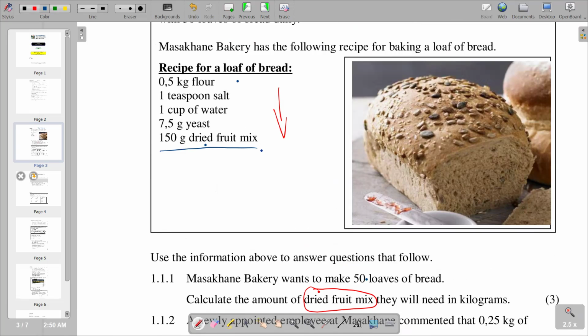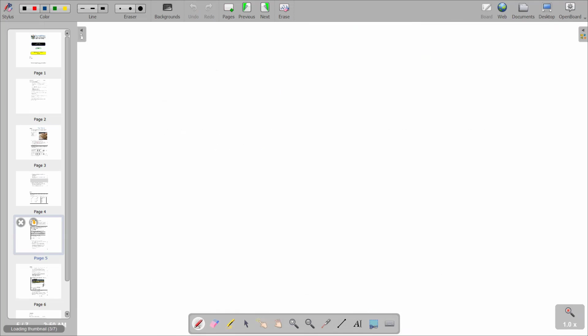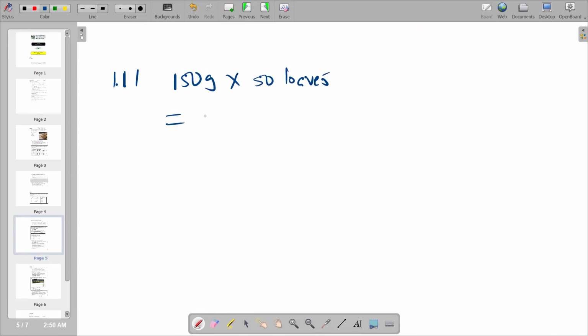So going to our answer section, on 1.1.1, we are basically saying 150 grams, we multiply by 50 loaves. And the answer that you are supposed to get will be in grams, which is 7,500 grams.